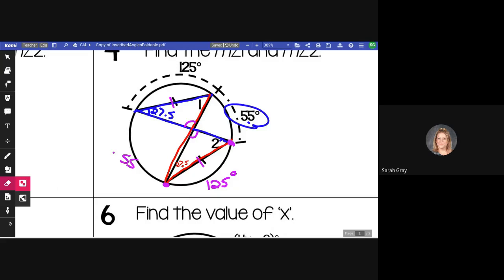Doesn't look like it, but hopefully I've instilled in you that drawings in geometry are generally bad drawings. So if that arc is 55, then what's the measure of angle 1? 27.5.